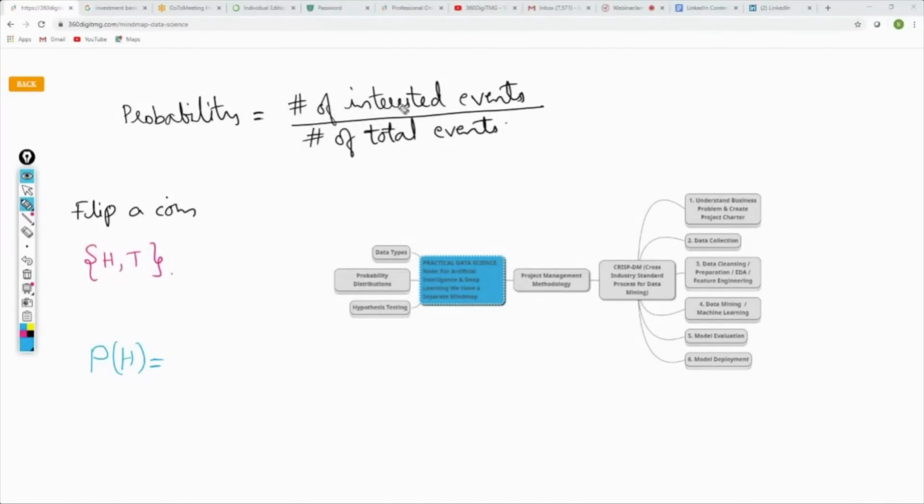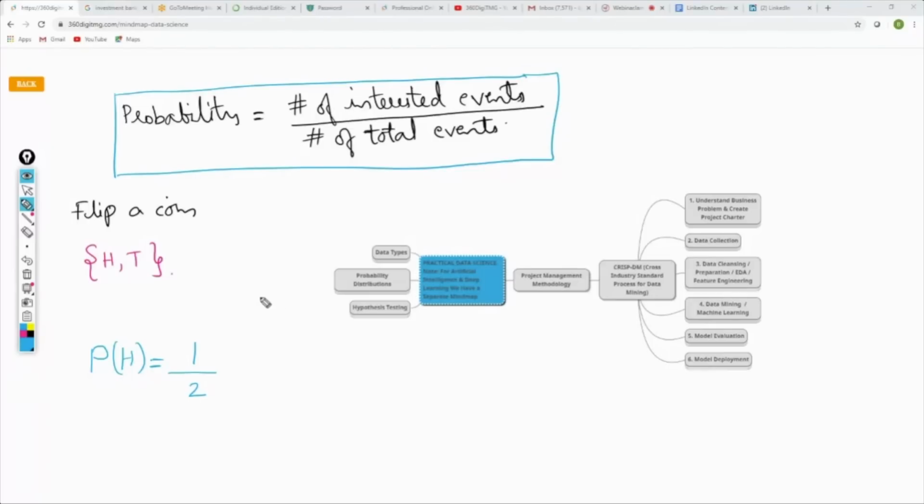So the number of interested events would be 1 because head is 1, divided by the total number of events. In total, how many events do you have here? 2 events: a head and a tail. So you divide it by 2, 1 by 2. It is a simple application of this formula that we are doing here. Probability of tail.